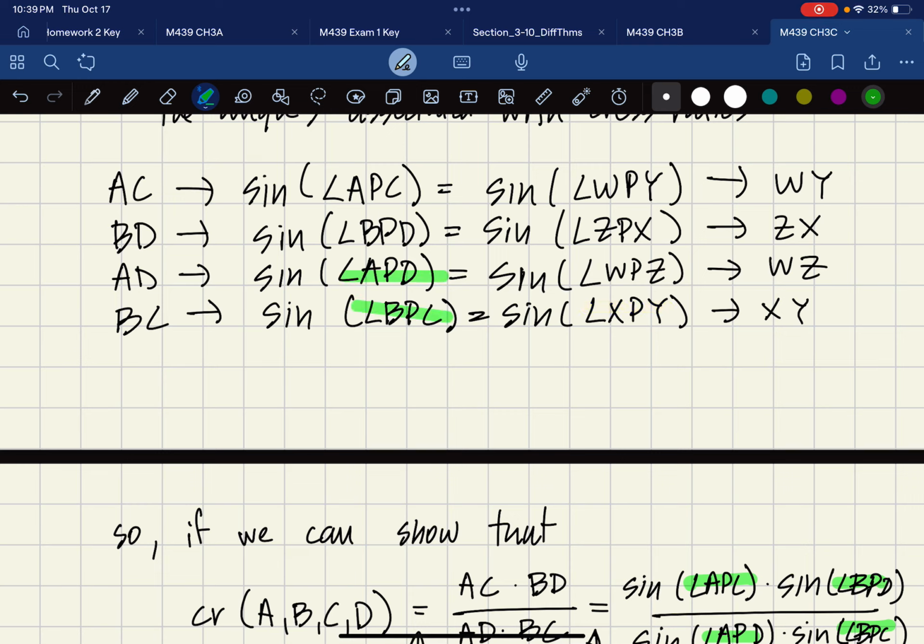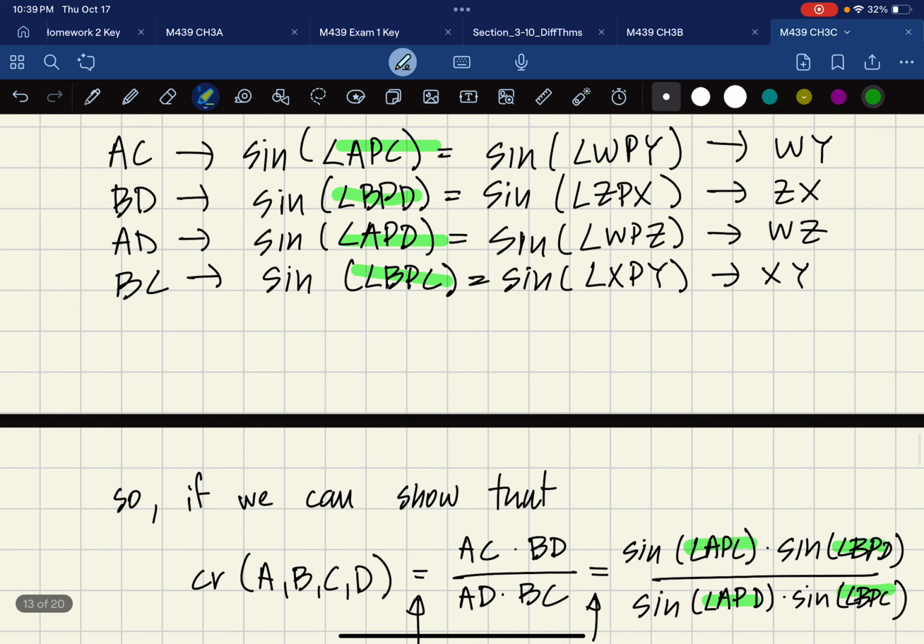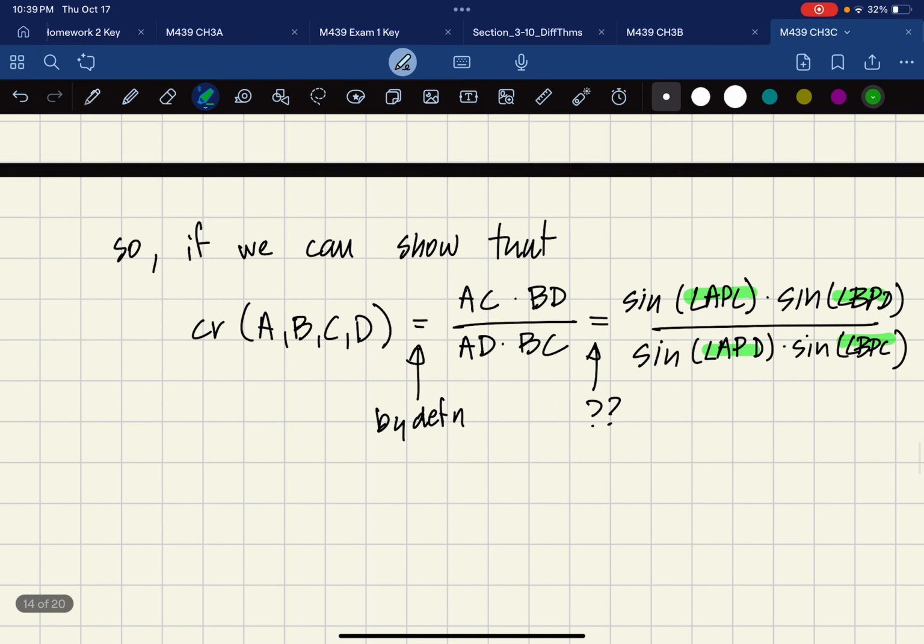These ones in green are the same as these ones in green. If those ones are equal to these ones in yellow, and then these ones in yellow would be associated with these ones in yellow, we could say the cross ratio on the left would be equal to the cross ratio on the right. I hope that makes sense. So really it comes down to, can we trade out segments for sines of angles in the cross ratio argument?